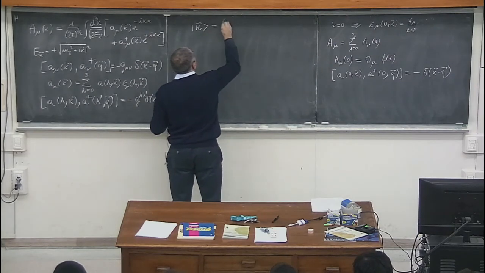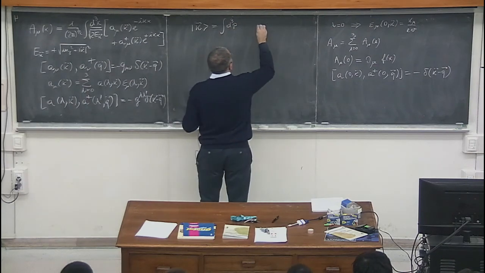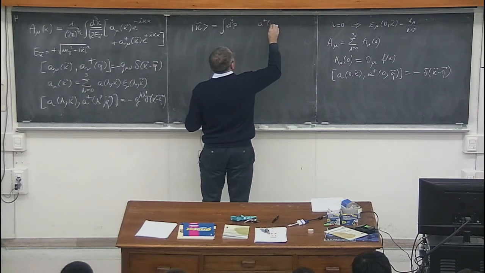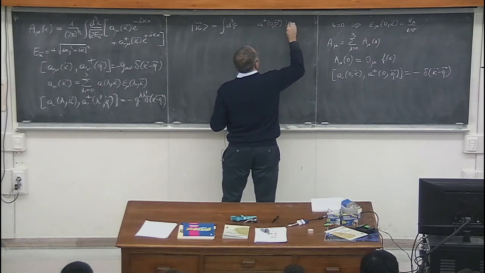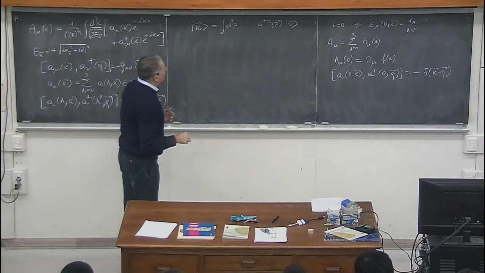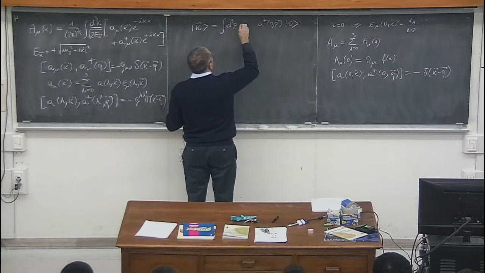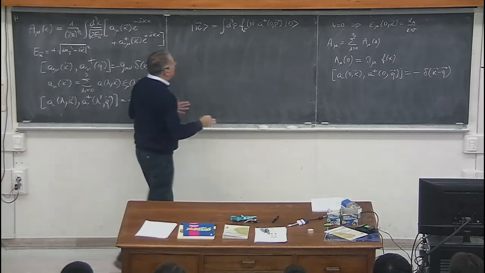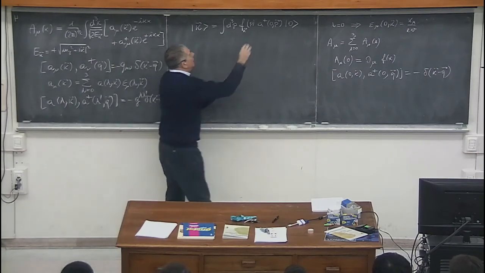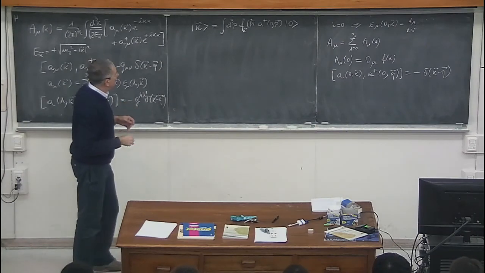It is an integral over 3-momentum p of a dagger 0 p acting on the vacuum state of the theory, the state with no particle, times a wave packet, which I call f. This is a function of p, and this function of p has a strong peak around p equal k. This is something like a Gaussian.